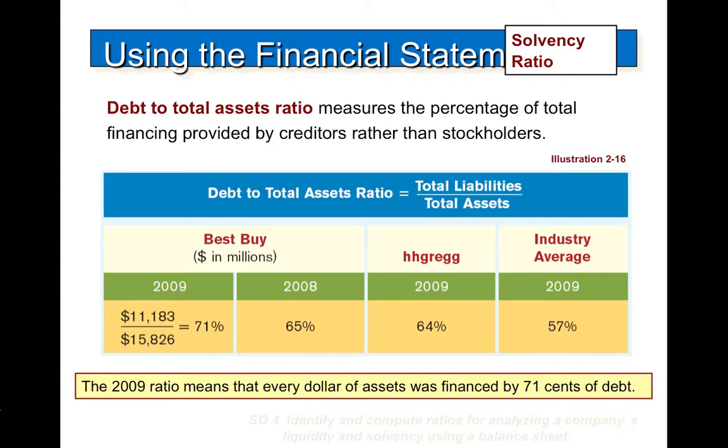Generally, companies with relatively stable earnings, such as public utilities, can support higher debt to total assets ratios than can cyclical companies with widely fluctuating earnings, such as high-tech companies. In later chapters, we will learn more ways to evaluate solvency.